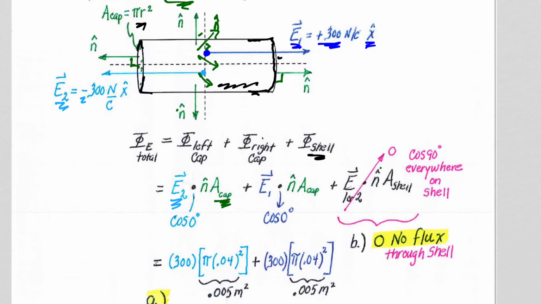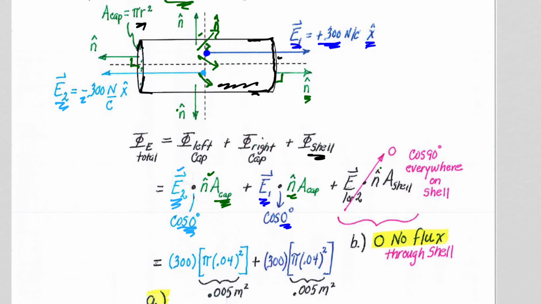The n hat goes in the negative x hat direction. The light blue E goes in the negative x-hat direction, so that's why we have cosine of 0 when they're drawn from a common origin, and then we have similar language and argument for the cosine of 0 degrees for the E1 and the n-hat on the right-hand side cap. So those give us cosines of zeros.